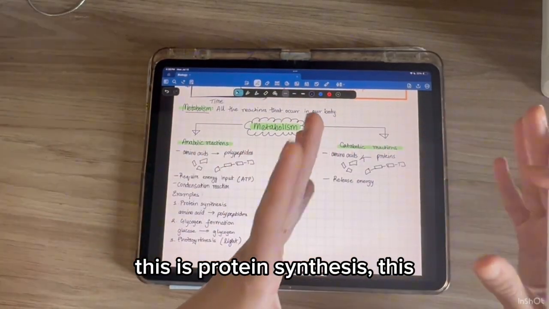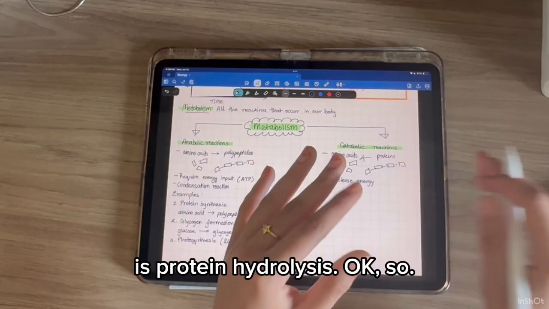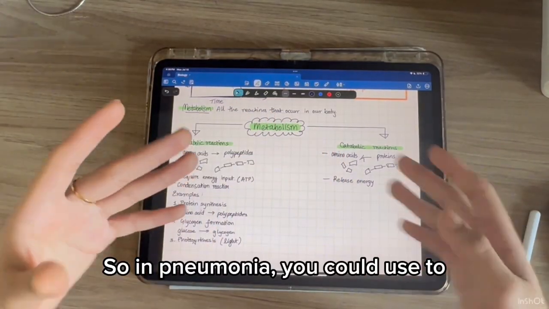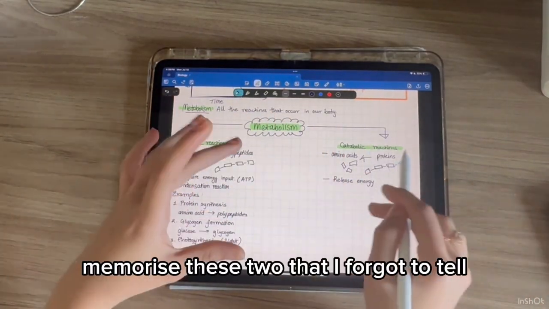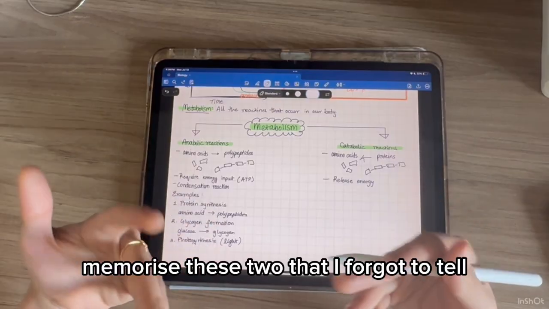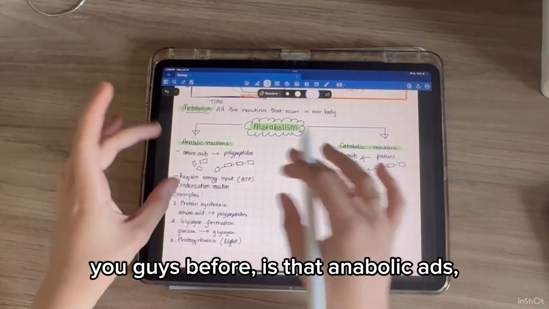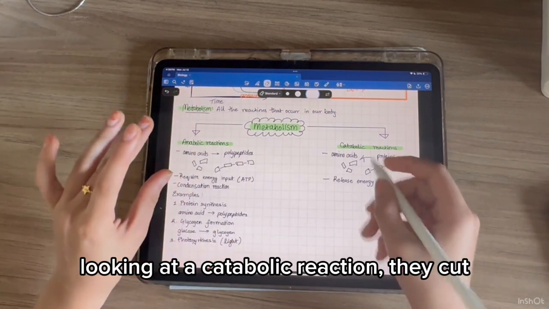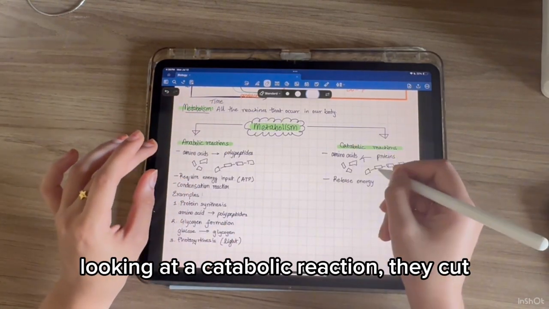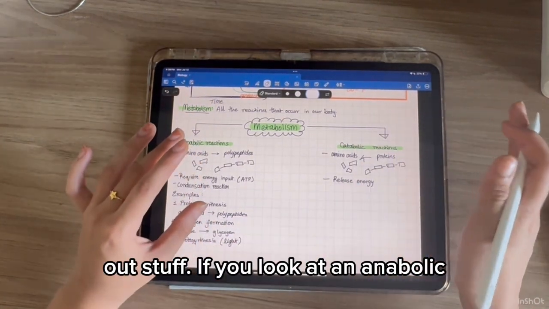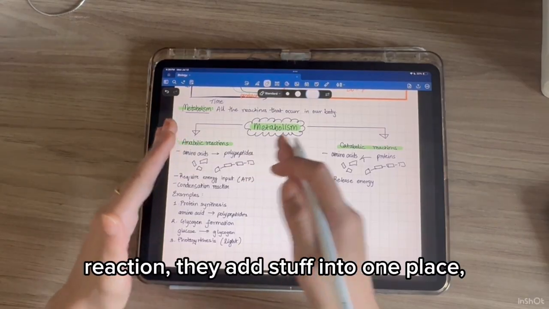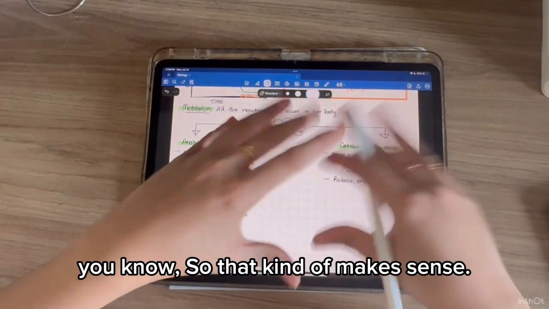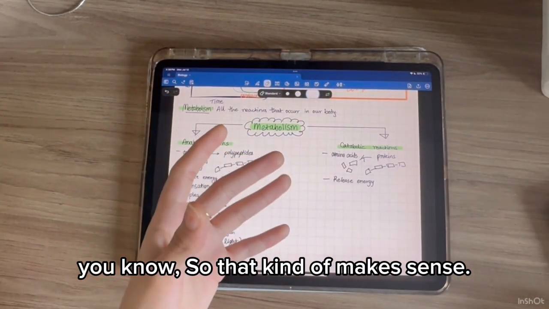A mnemonic you could use to memorize these two, which I forgot to tell you before, is that anabolic adds, catabolic cuts. So when you're looking at a catabolic reaction, they cut out stuff. If you look at an anabolic reaction, they add stuff into one place.